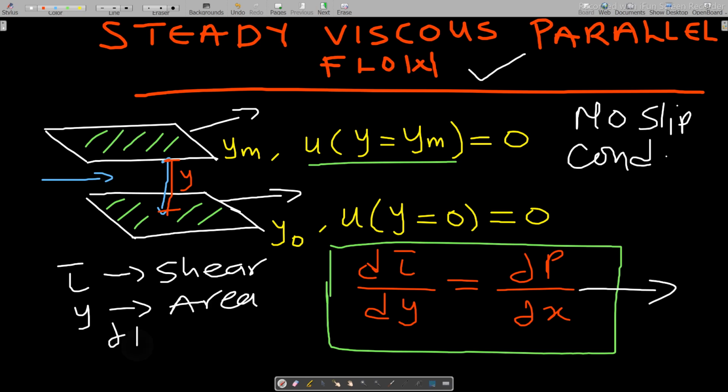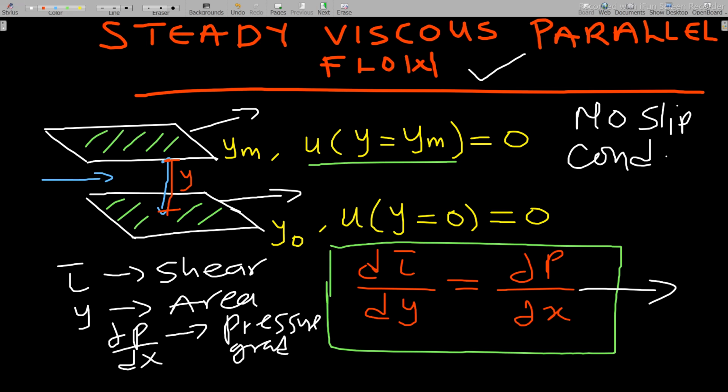Then the del p del x is actually the pressure gradient. It's called a pressure gradient. So just keep this in mind. So these will be the equations we can get in.